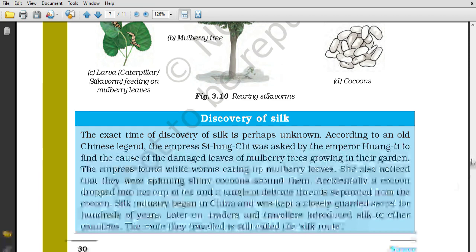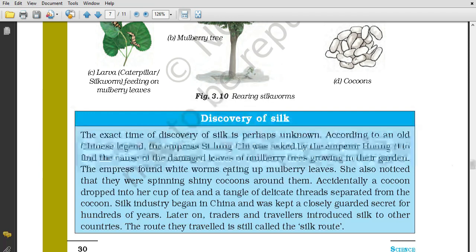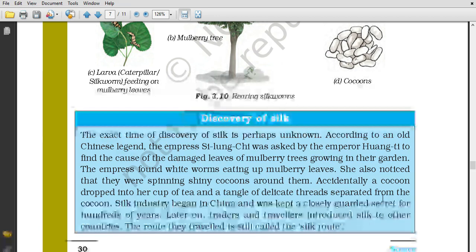Means it was an accident how silk was discovered. The cocoon was hanging and fell into the hot cup of tea in the hand of the empress, and some delicate threads separated from the cocoon.